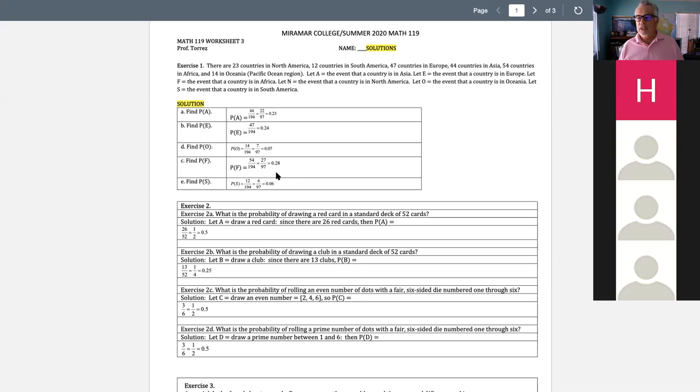Any questions? Gwendolyn, do you see that? Okay. Gwendolyn, why is P of F equal to 54/194? F up here is Africa. So why is P of F 54/194? Gwendolyn?